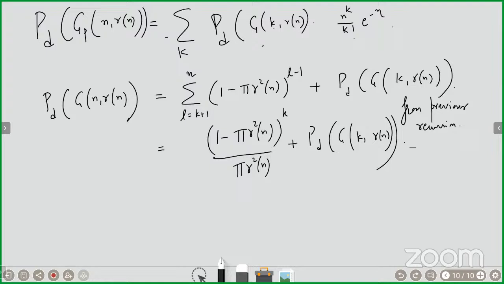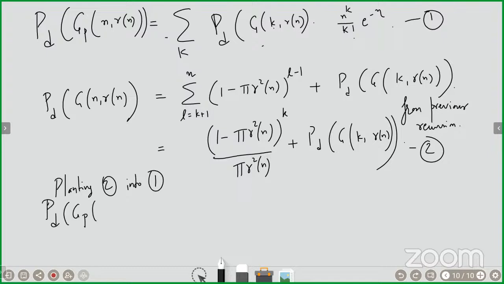So planting one, we get B to be greater than or equal to PD of G K comma Rn.